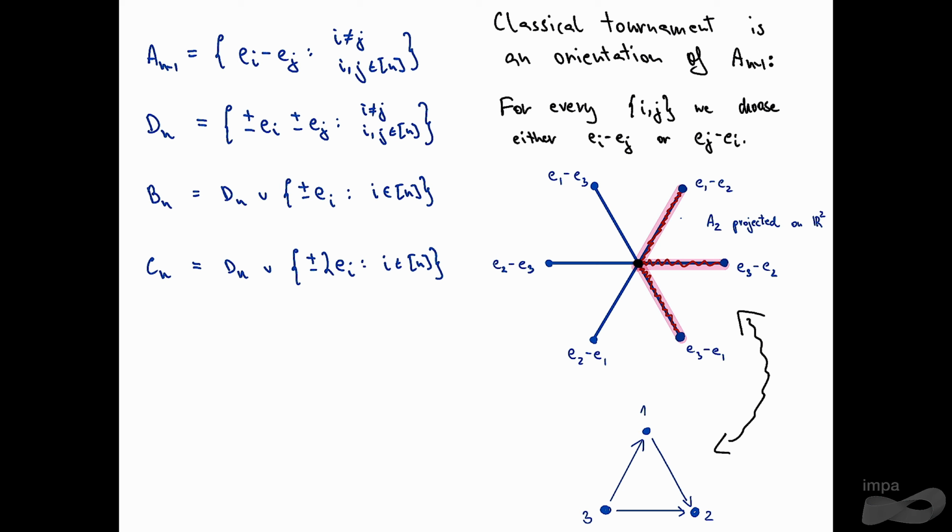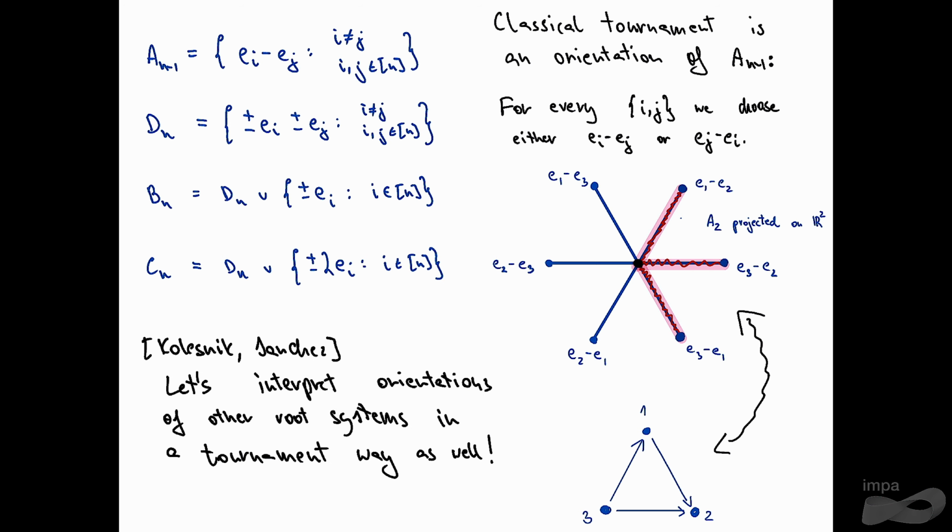If I choose e1 minus e2, this is the orientation I choose from the 2, and it corresponds to a game between 1 and 2, which was won by 1. So I can think about the orientation of every root system as a tournament. Now I take different root systems and consider their orientations in this way.